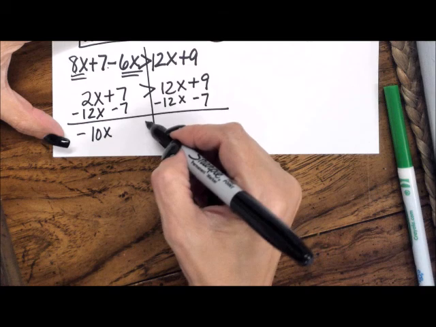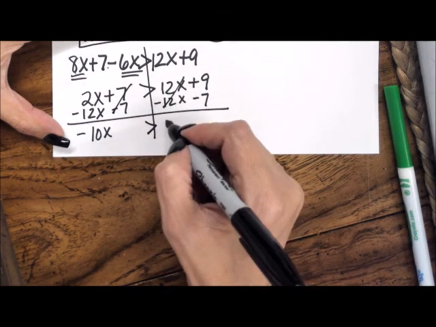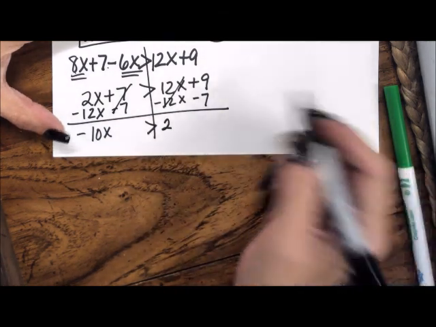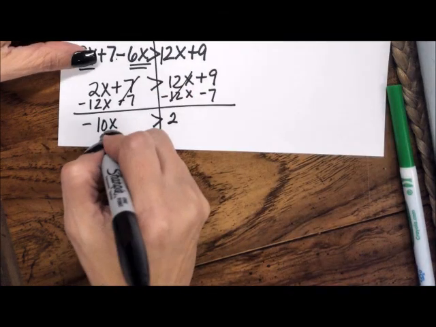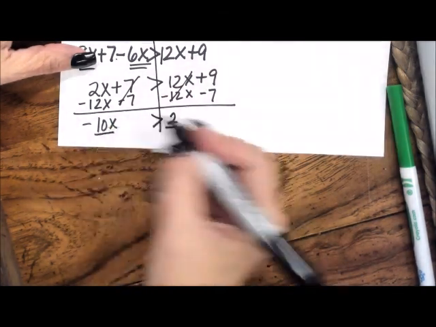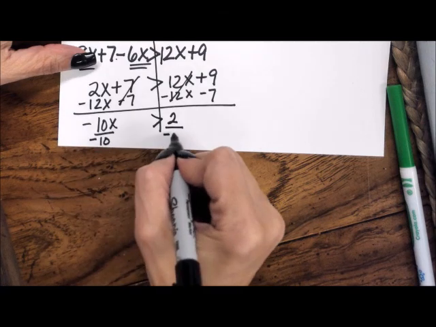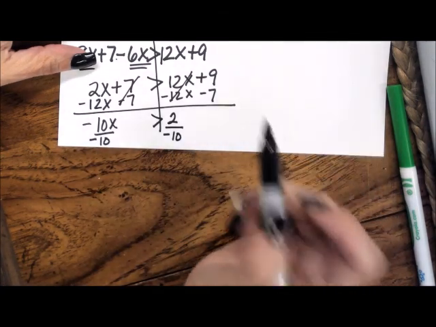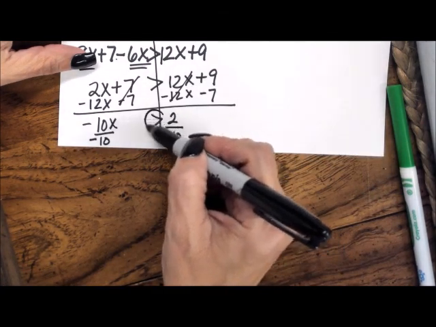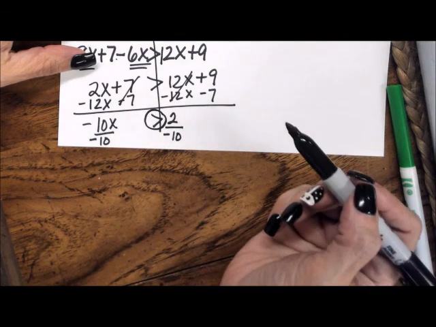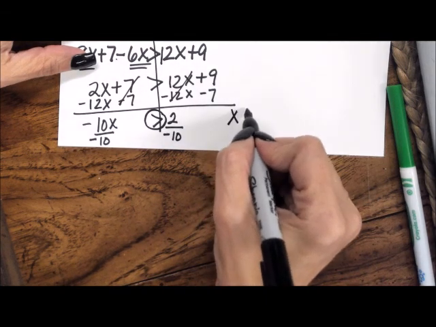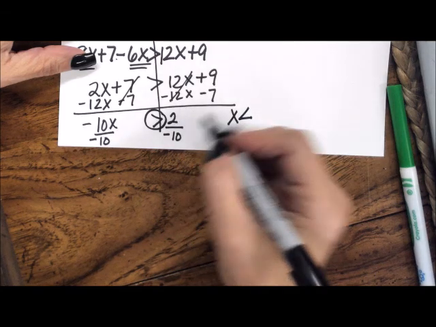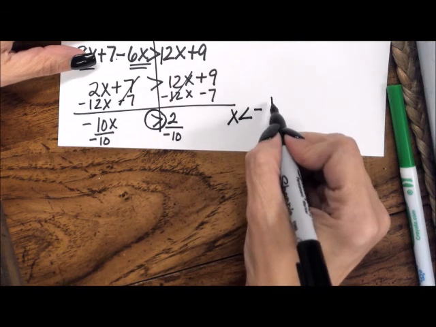Those are going to cancel, and that's going to give me 2. I need to divide and get rid of that 10, so I'm going to divide by negative 10 on both sides. But if I divide by a negative, I have to remember to flip the sign. So x, flip the sign, 2 divided by negative 10 will be negative 1/5.